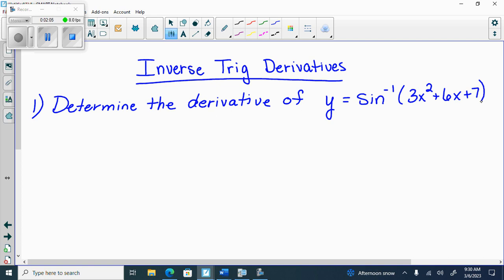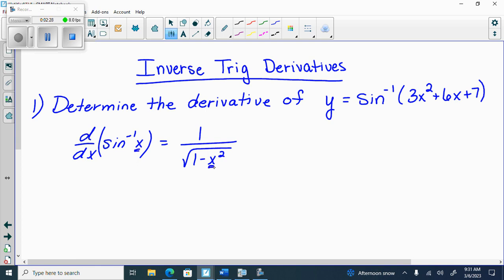So here, we're going to do the derivative of sine negative 1 first, which is d over dx of sine negative 1 x equals 1 over the square root of 1 minus x squared. If there was just an x, the x would go here.